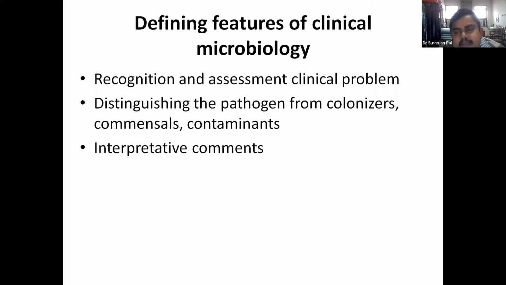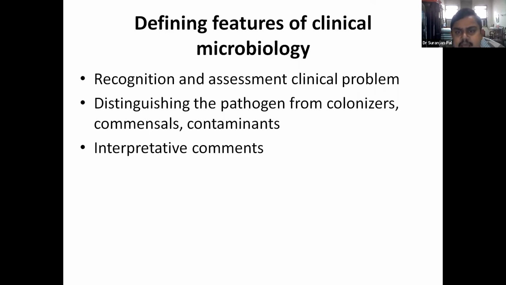That means we have to see the patient, we have to go to the ward, and also provide important input to the clinician regarding proper sample collection, what different tests we can offer, and what drugs or therapy are available regarding the treatment, the anti-infective treatment options. Remember that we have to give the antimicrobial suggestion. Otherwise, there is a limited role in clinical microbiology.